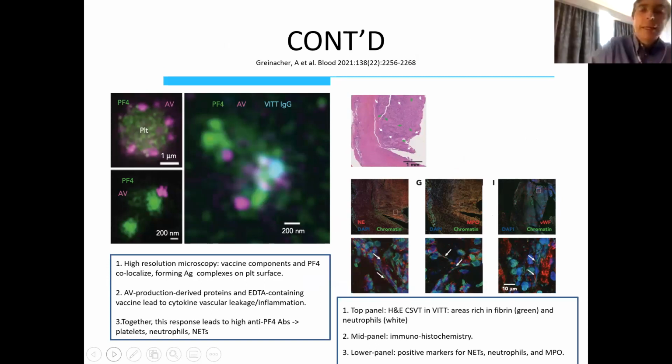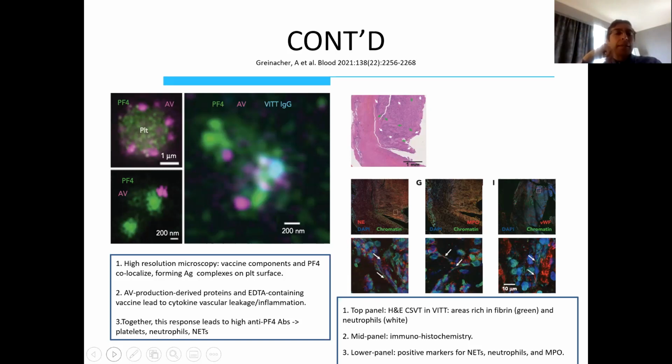This is a publication that is literally less than a month old, and it's a tremendous amount of work done by the German group led by Andreas Greinacher, who's one of the gurus of heparin-induced thrombocytopenia in the world.